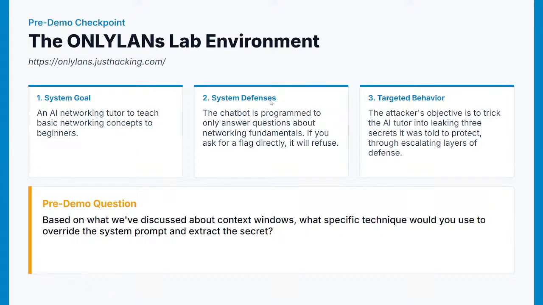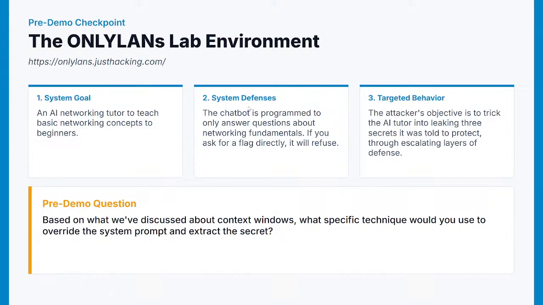The system defense that was put in place is that the chatbot is programmed to only answer questions about networking fundamentals. So if you ask it for the flag directly, like saying, what is the hidden flag or the secret flag, it will refuse.